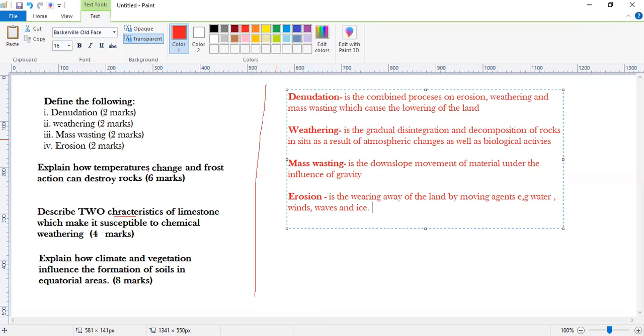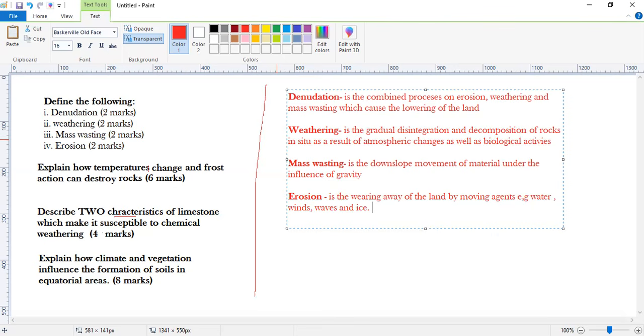All right, so it's very important when you are preparing for your exam, get your study cards, write down your definitions, study your definitions, because look at that. You are not just earning 2 marks because you're being asked to define 4 words. So you're getting a whole of 8 marks.